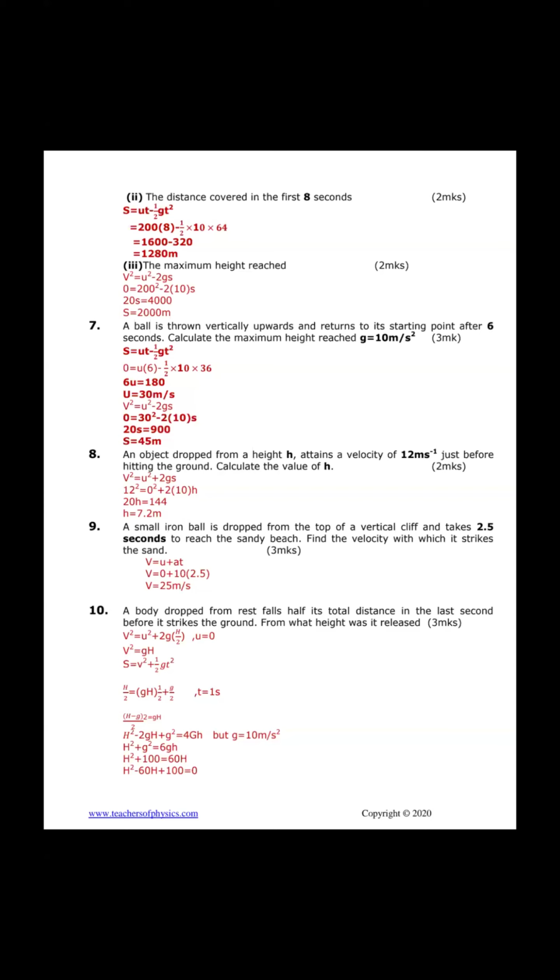Free fall. For free fall, it is important to know that when a body is falling down under the influence of gravity, its acceleration, which is A, is equal to the acceleration due to gravity.